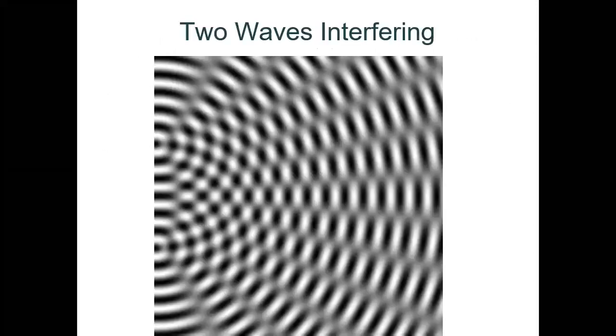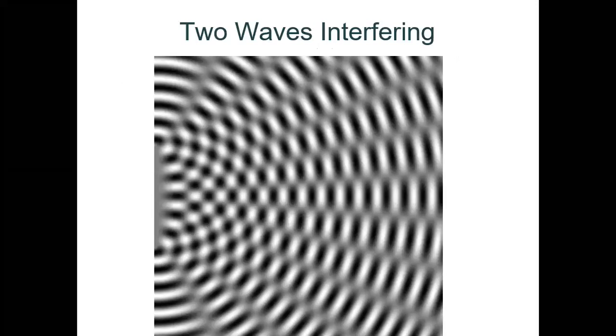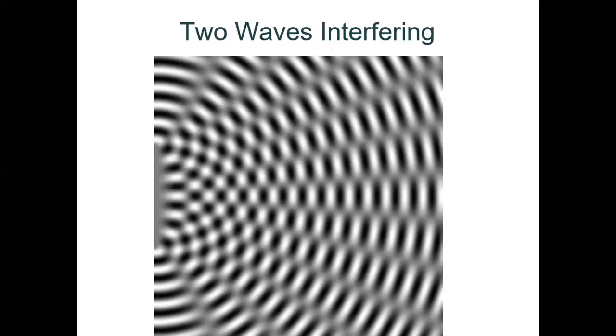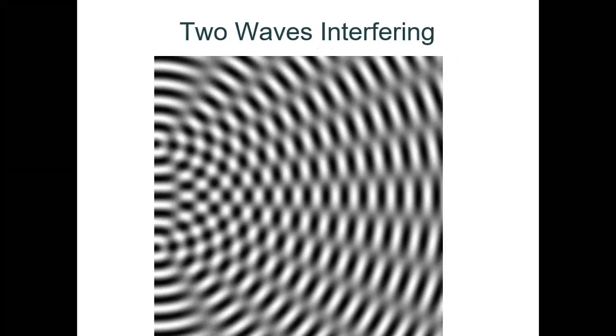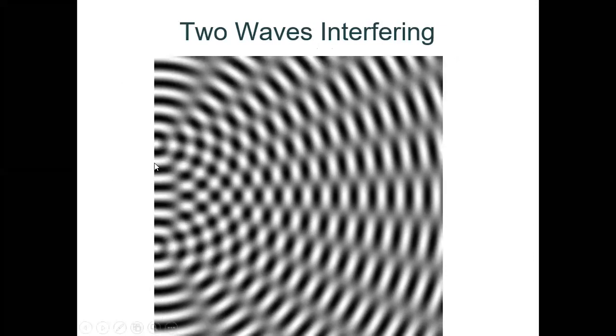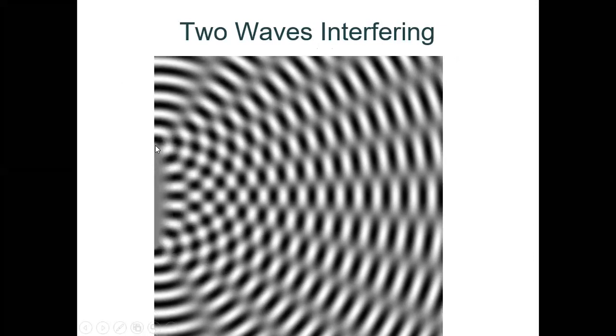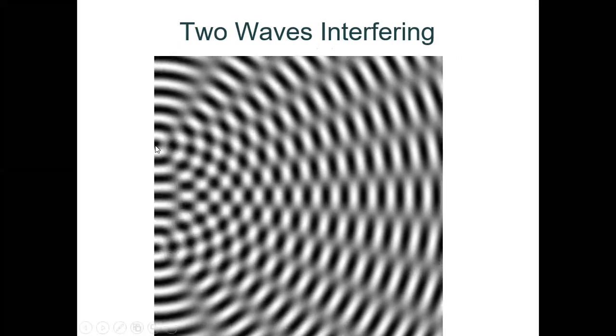Okay. So this is a visualization of the interference pattern. You can see here two sources are here. You observe the cursor.